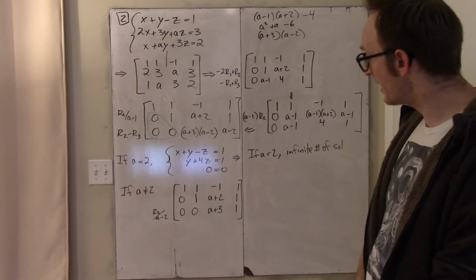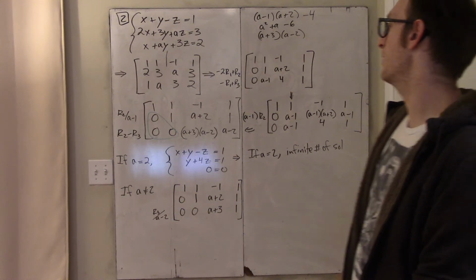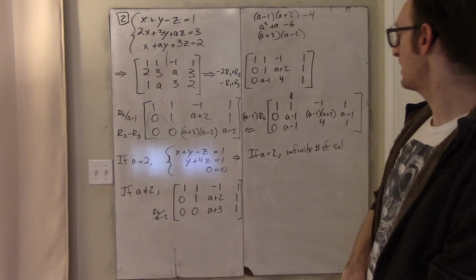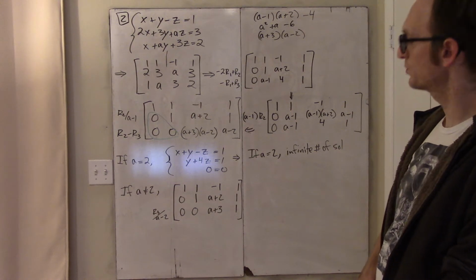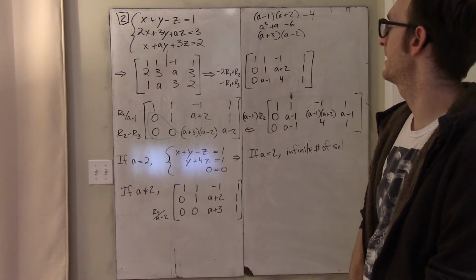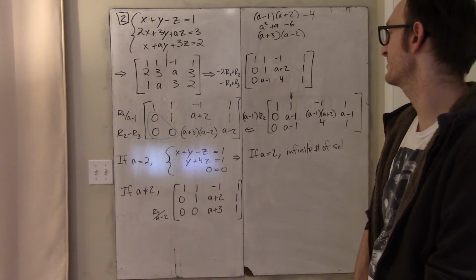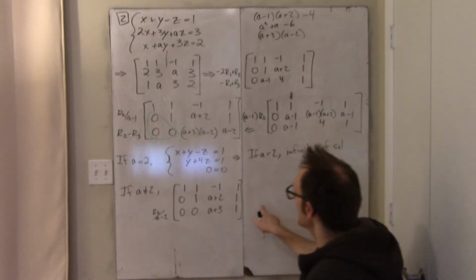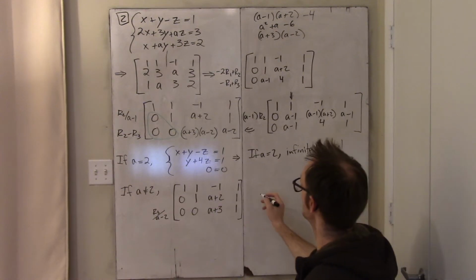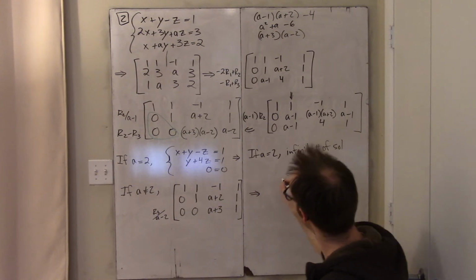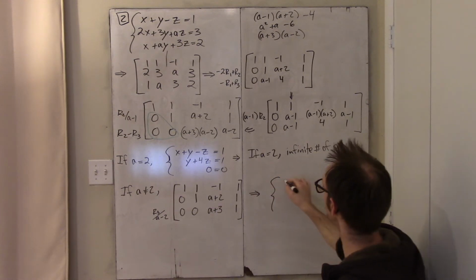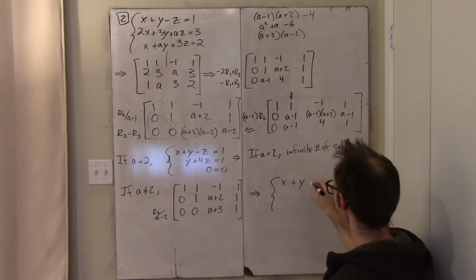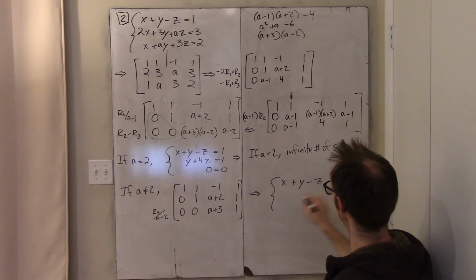Good. Okay, well, now, what can I say about this situation? I think it's important to remember what this system of equations represents. So perhaps for clarity, it's worth putting this back into a more expanded form with the variables still there. x plus y minus z equals 1.